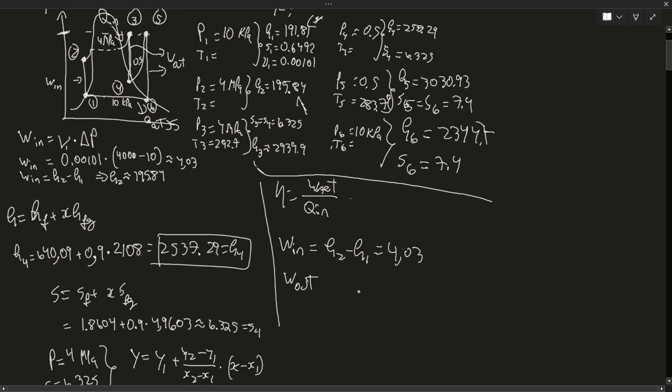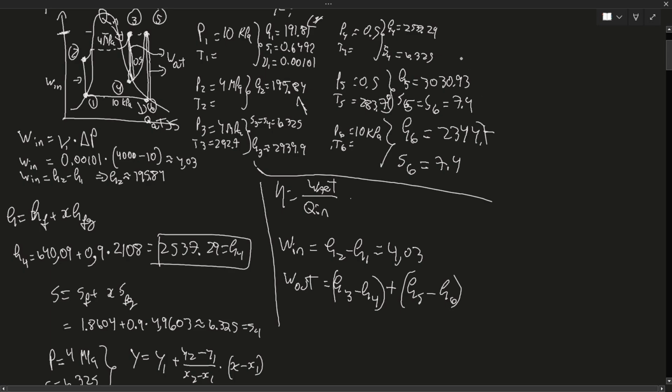Now W out, it's these two straight lines over here. So it's equal to H3 minus H4, the difference between these two, plus this straight line over here as well, H5 minus H6.